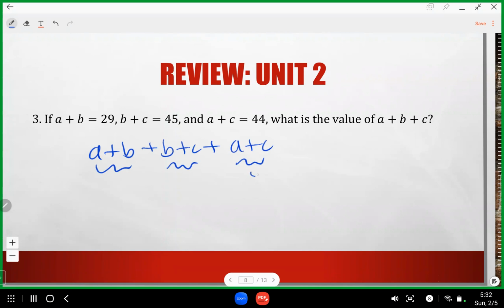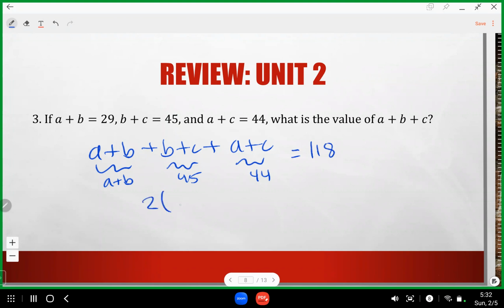As you can see here, a plus b is 44, b plus c is 45, a plus c is going to be equal to 29, right? So let's just add those together. Equal to what? 118. And we can actually just combine all of these like terms.